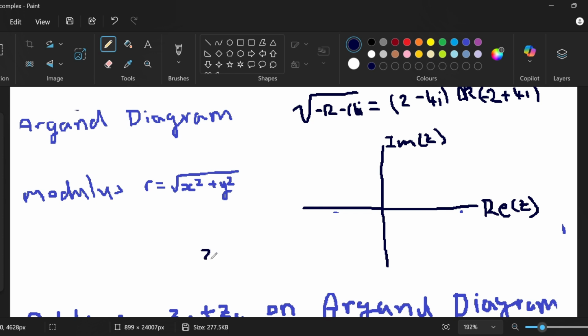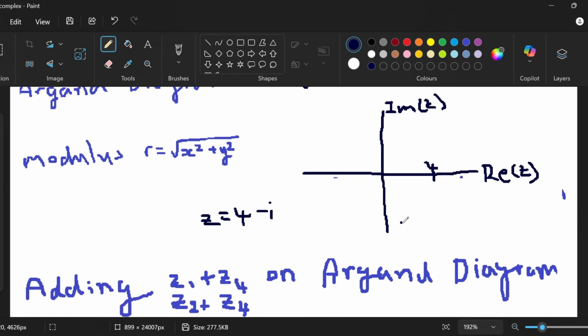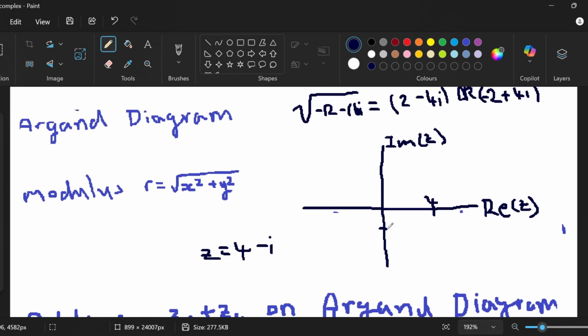For example, if I'm given that z is equal to 4 minus i, then I go out here to 4 units on my real axis, and I go down by 1 to minus 1 on my imaginary axis, and z, my complex number, would be right here.